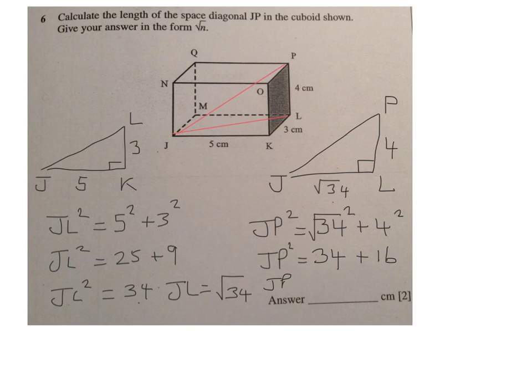So JP squared is equal to 34 plus 16, which is 50. And that's going to be the square root of 50 then, because we're finding JP, not just JP squared. And that's our answer.